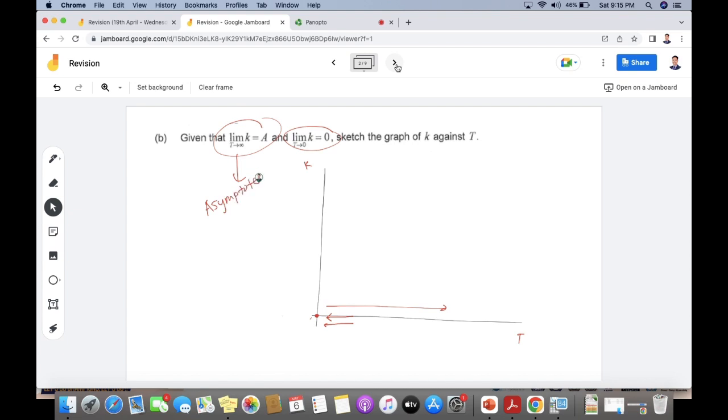So for us to do that, we have to identify some sort of an a value from the graph. So let us say, this is just an estimate, let's try to have this point here as our A. Okay, take note, this is just a rough estimate.